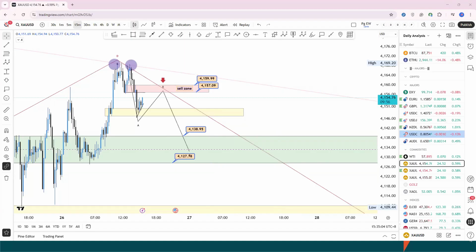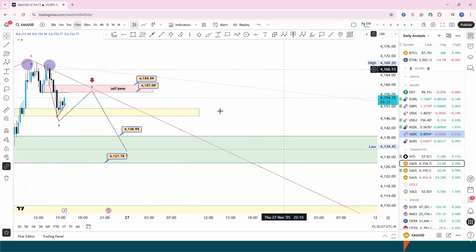Look for this, and then we wait. Okay, guys, I'm waiting at this zone as well. I don't know if you want to put a pending order. It's up to you.